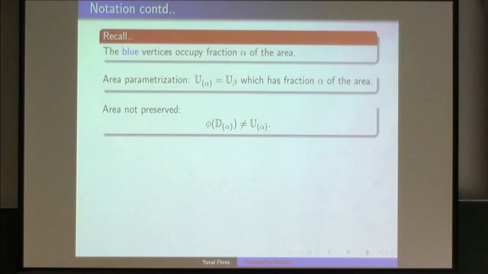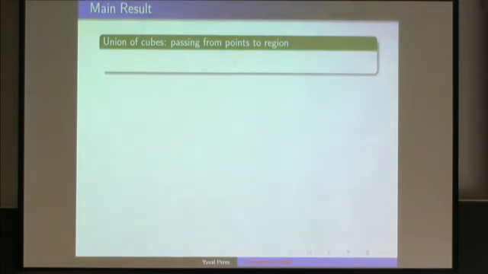As beta goes from 0 to 1, you scan through all possible area fractions, so there is a unique such beta, and this u alpha is not mapped to d alpha by psi because these conformal maps, as I said, don't preserve area.